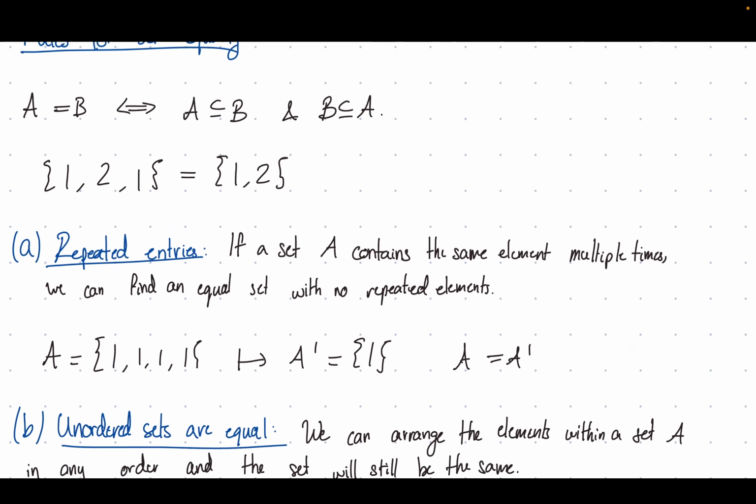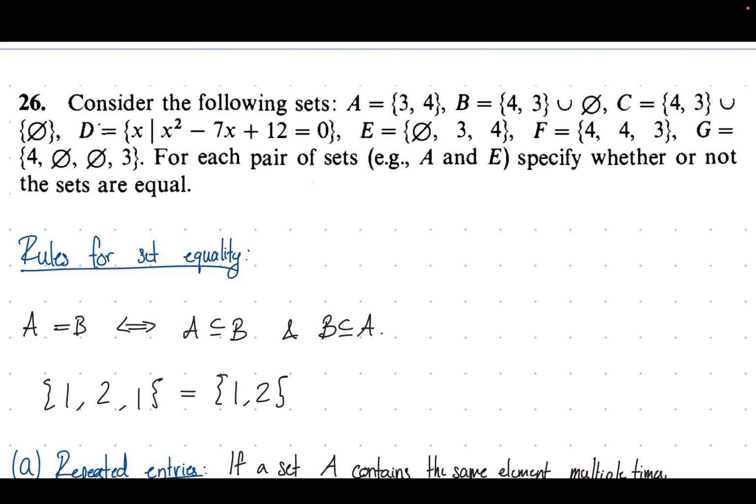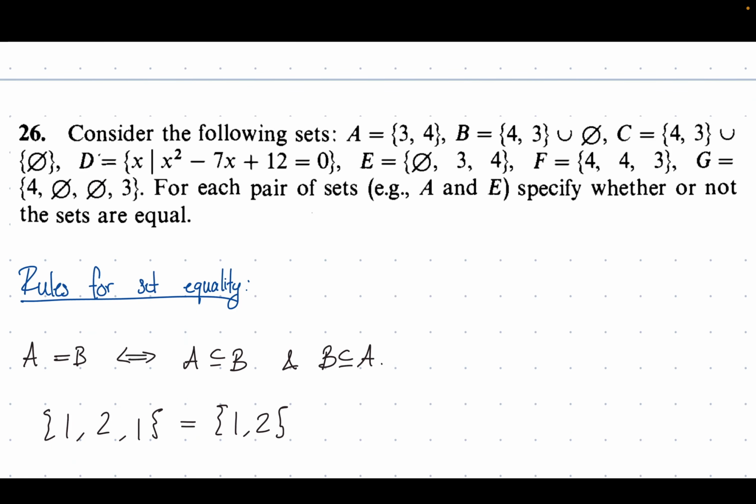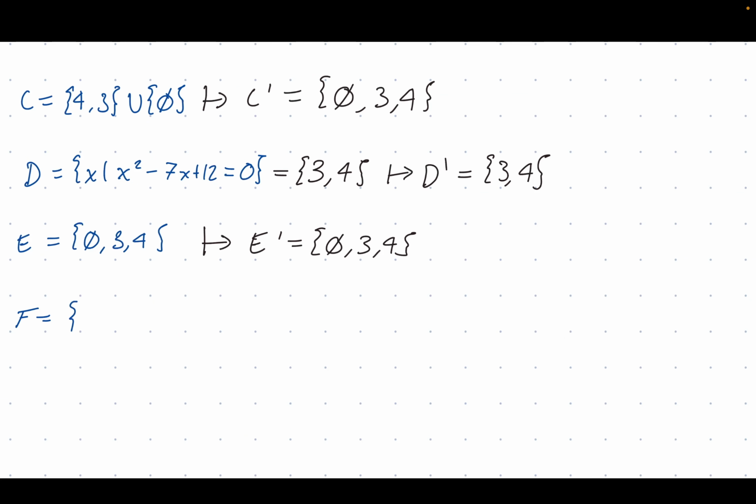E is the empty set, 3, and 4, which there's not much to do with, so E prime, we're just going to leave as it is. And finally, F is going to be, oh wait, no, there are two more. F is {4, 4, 3}, which after eliminating all repeated entries and rearranging, we should get F prime is equal to {3, 4}.